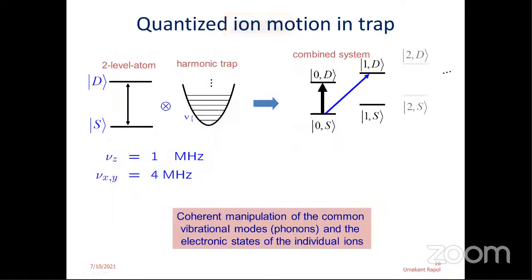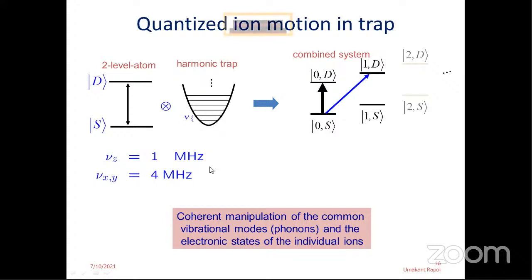Now, what happens when you take such an atom and put it in a trap? The trap that we are talking about is an electrodynamic trap, which is this harmonic oscillator potential in which the ion is located. Once you put a quantum mechanical particle in any potential well, here a harmonic potential well, the particle can occupy one of these quantized energy levels, which have a certain separation, given by this nu here.